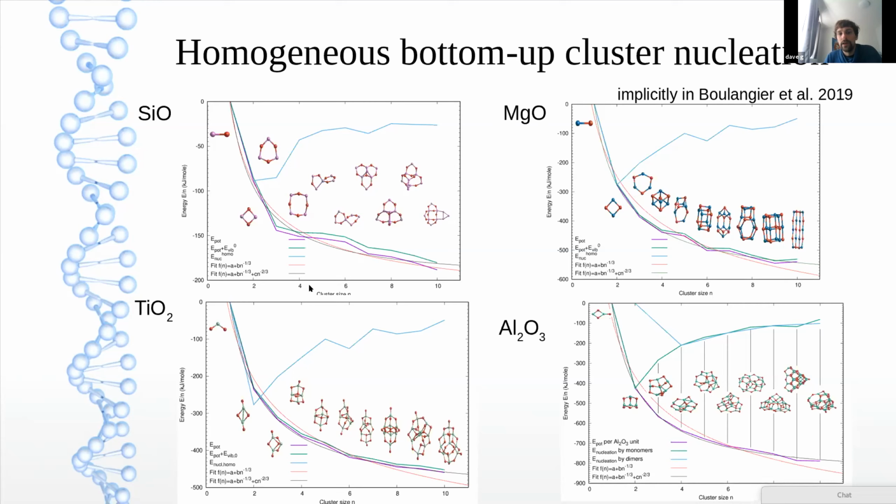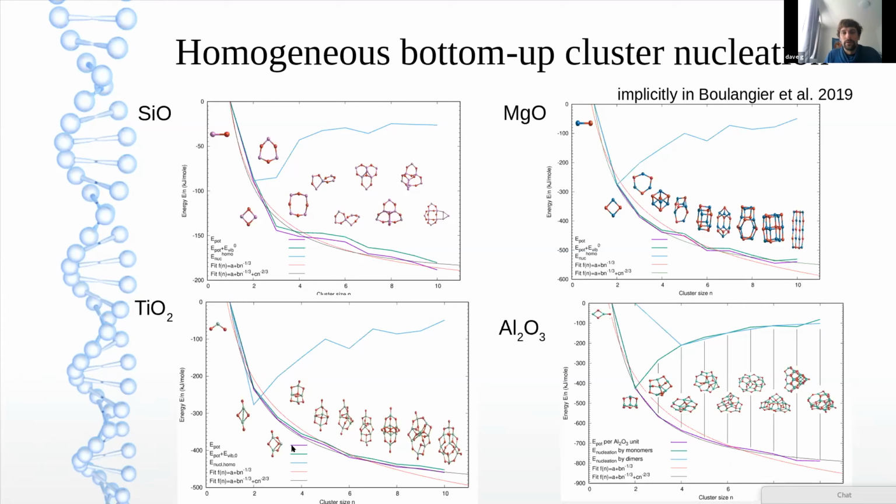You might say, okay, we use not only the n to the -1/3 classical nucleation dependence but put in another factor, and you will see that the fit gets slightly better in all four cases for all four nucleation candidates. But there are still some drawbacks, because you will have some more stable sizes and some bottleneck sizes, displayed in this wiggly structure of the cluster energies.